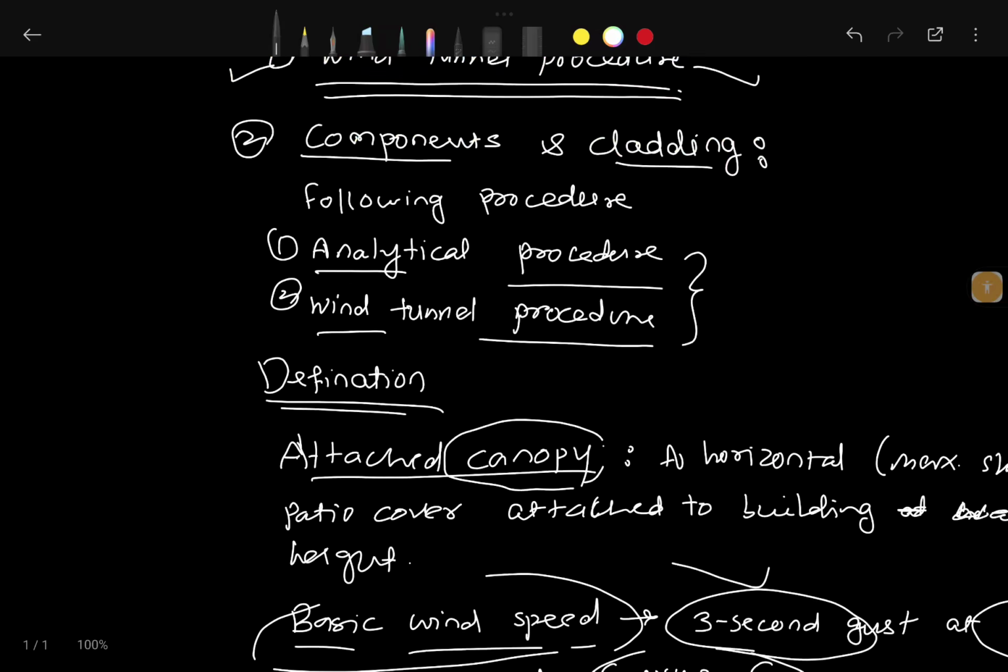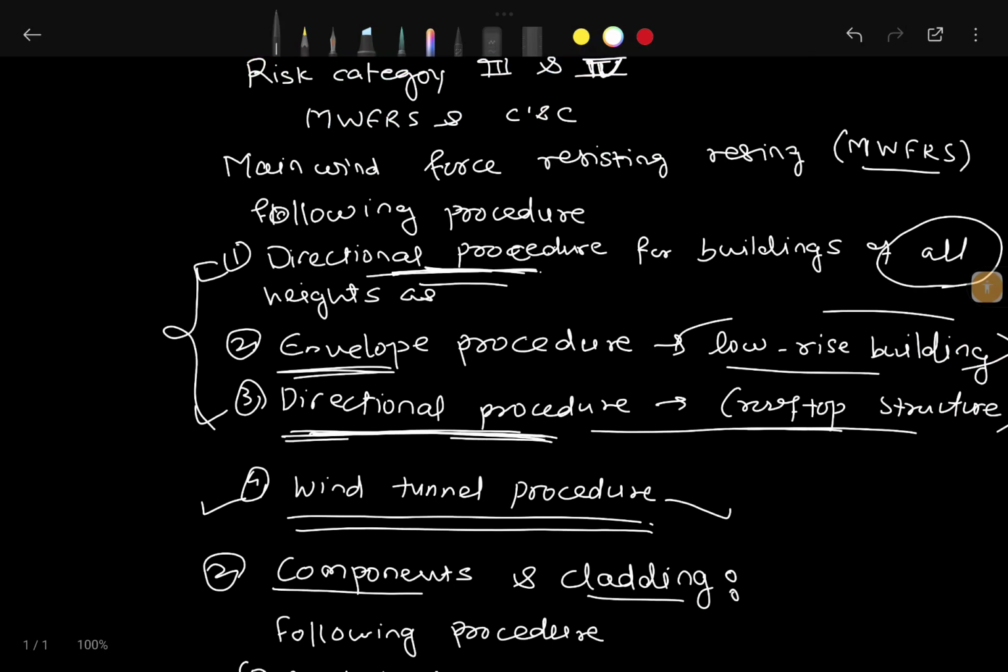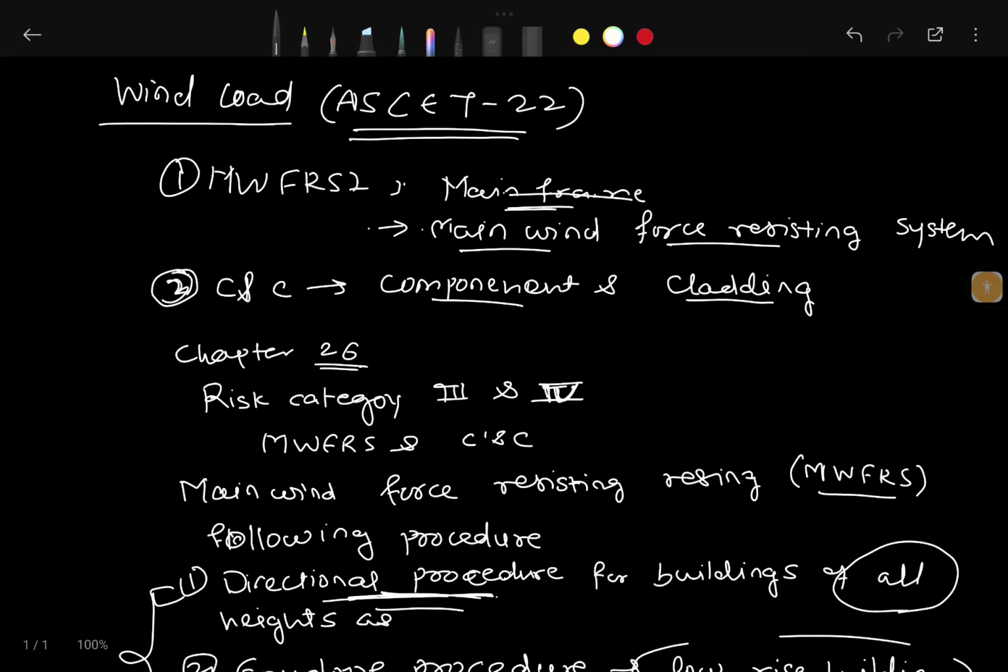The main point is this: if we want to calculate or design any type of structure according to the American standard, then we should first know about MWFRS and C&C, buildings and components. Then we can proceed with the methods which are available for different components.